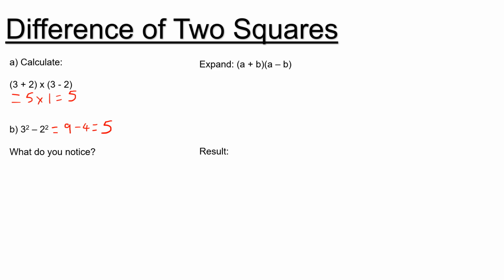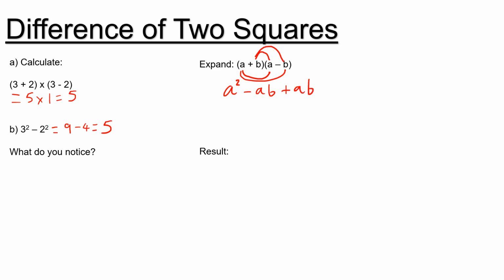Now let's have a go at expanding, using FOIL, the expression a plus b times a minus b. First I'm going to work out a times a, that is a squared. A times minus b is minus ab. B times a is plus ab.